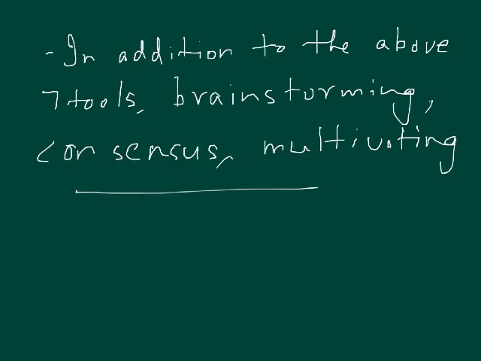So in addition to the 7 quality tools that we discussed, we also do brainstorming, consensus, and multi-voting just to make sure that we make the right decision.